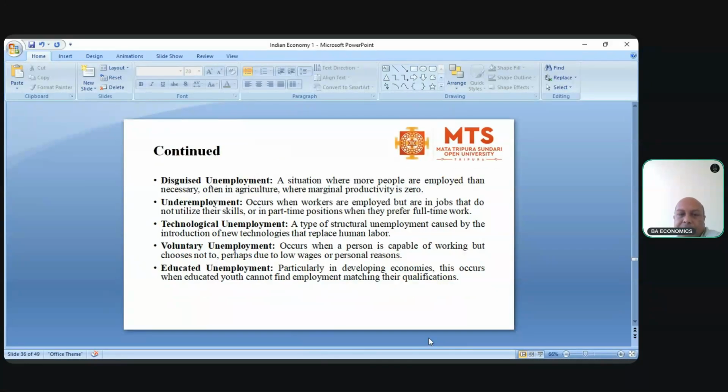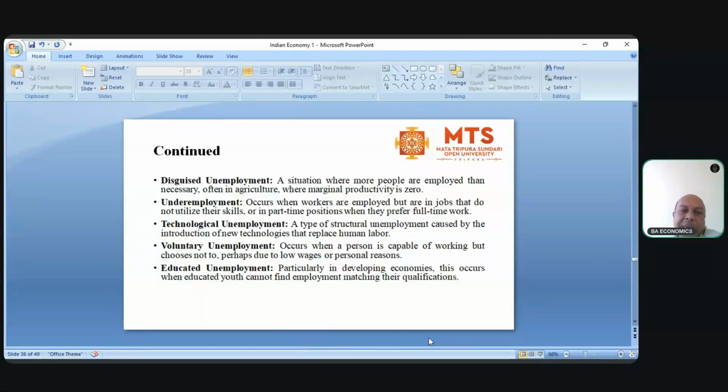Disguised unemployment. Disguised unemployment is basically found in the agricultural sector in developing countries. In this case, unemployment is measured by the productivity of the worker. If the marginal productivity of the worker is zero, then that person is actually employed but contributes nothing.